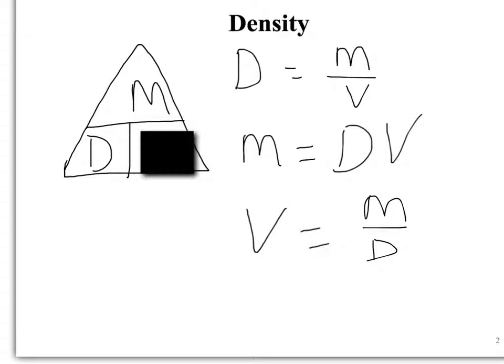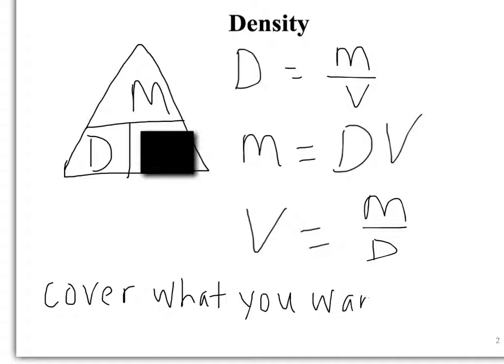So basically, the key rule is cover what you want to solve for. Right? Cover what you want to solve for. You'll be able to use this triangle in any type of density problem.